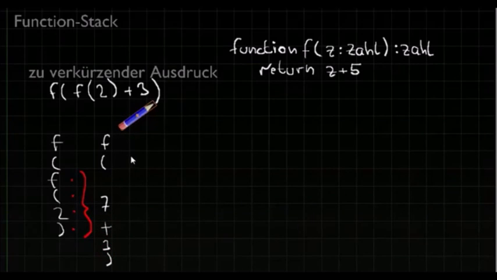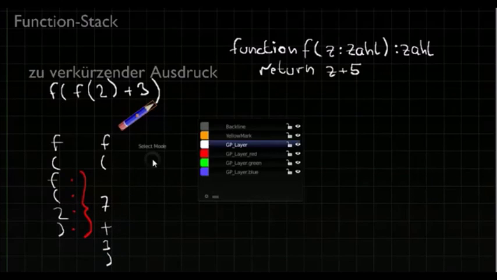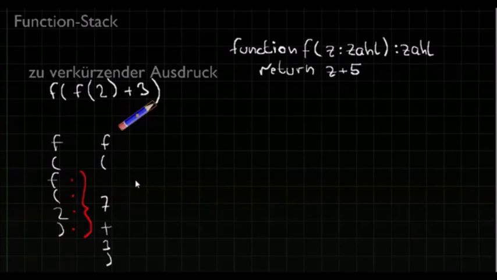And now we have reached a closing bracket again. And this means we have to look for the closing bracket and find the corresponding open brackets, and see if we can solve or abbreviate a term between the two brackets by using mathematical operators. And in this case we can do that.